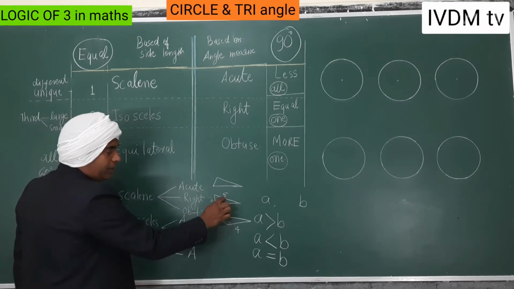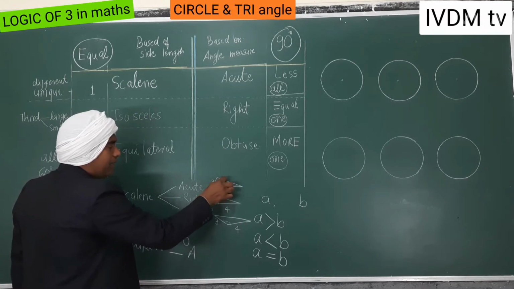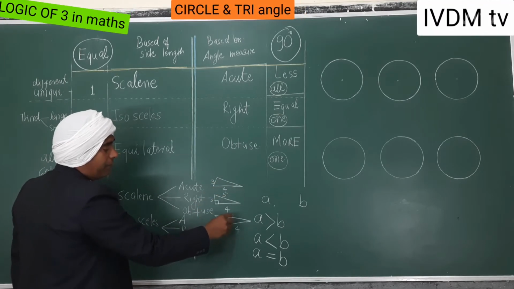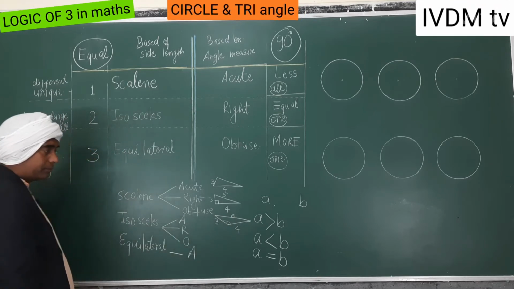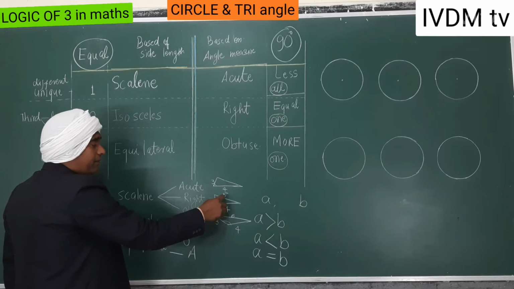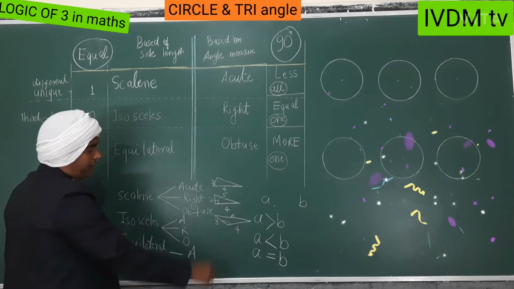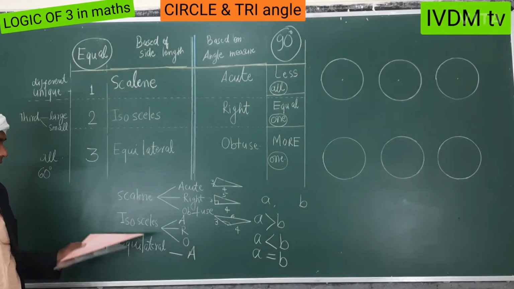Earlier it was 5, now suppose it is 4, it is 3, so it will be less than 5, or it may be more than 5, so it may be 6 or it may be 7, depends on this. But when this angle will be 90 degree, it will be 5. So here less than 5, equal to 5, more than 5. So scalene may be all the three types.